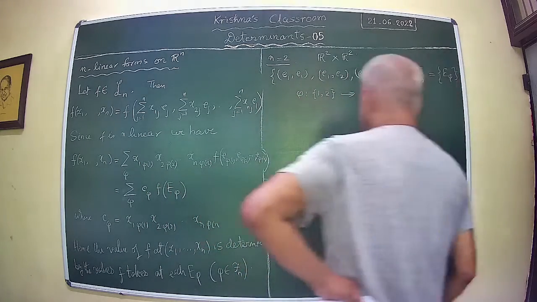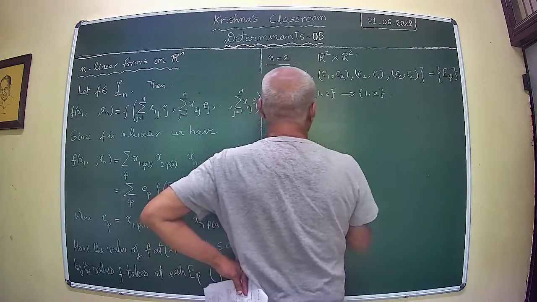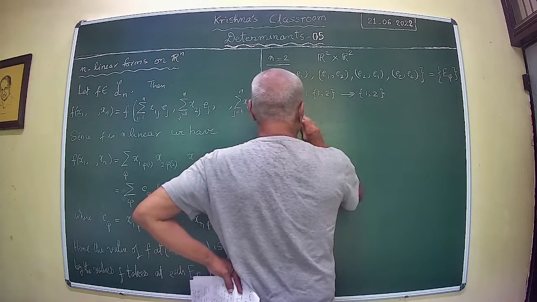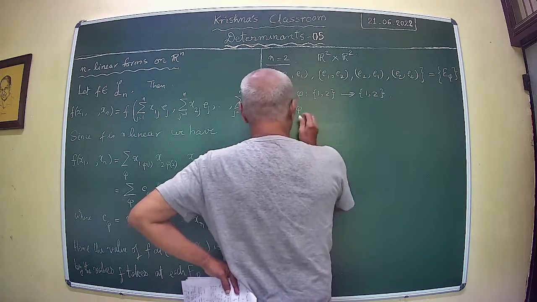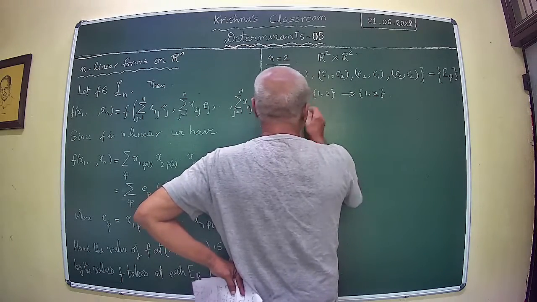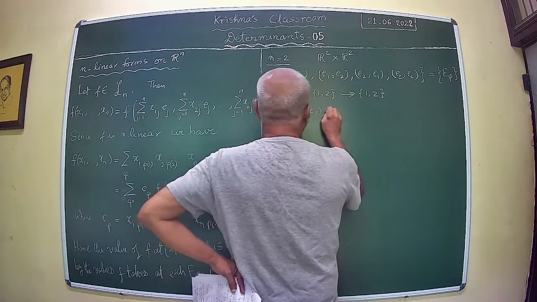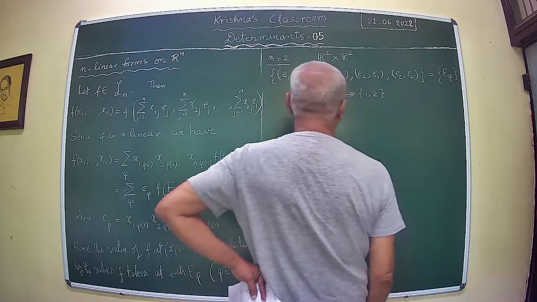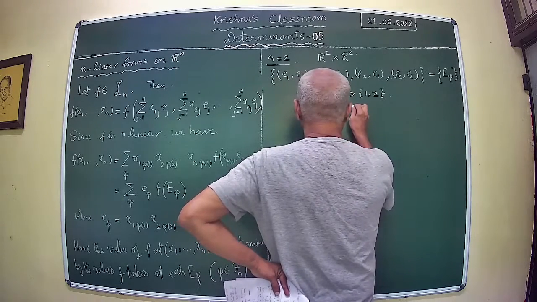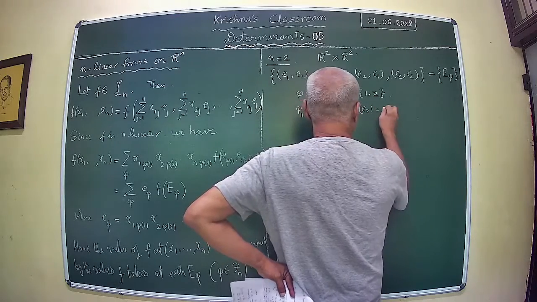So let me write phi 1 1 of E1 equal to E1.